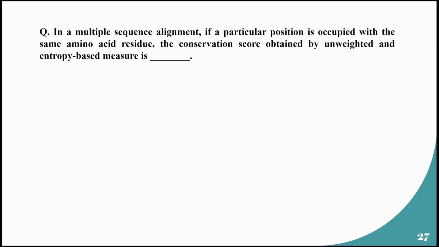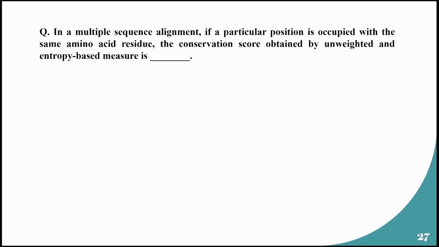Okay, so in this particular question, Professor Gumi also talked about something called the conservation score, right? The conservation score is basically, at a particular position in a multiple sequence alignment, what's the propensity of an amino acid staying the same at that position throughout the sets of sequences that we're comparing?